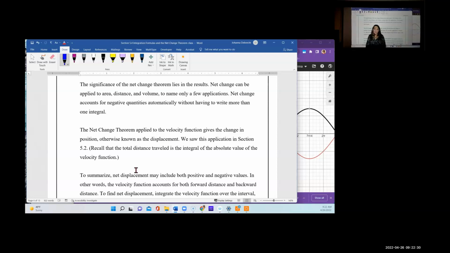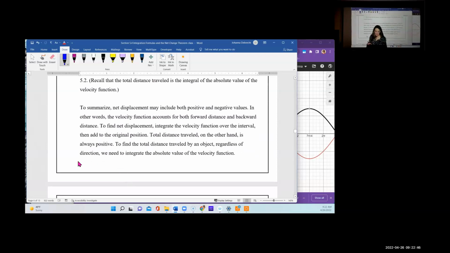So you can have total displacement or net displacement. Total displacement would be the total distance traveled, and net displacement would be how far you are from where you began. Remember that your net displacement may include both positive and negative values as you move both forwards and backwards.